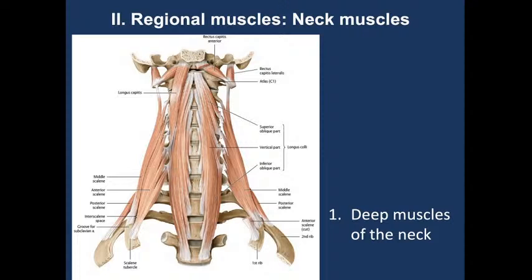And you have a task: to study head and neck muscles yourself, and I ask your teachers to explain the origin and insertion of these muscles, as well as the function, in your next classes.